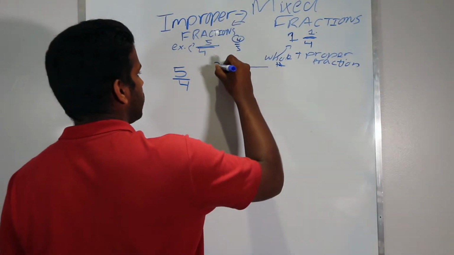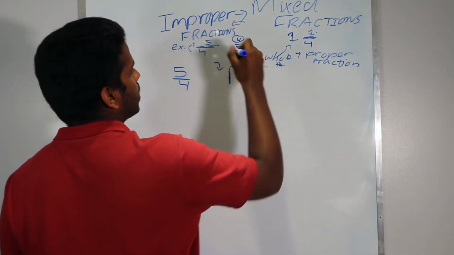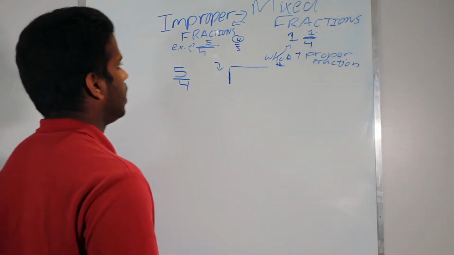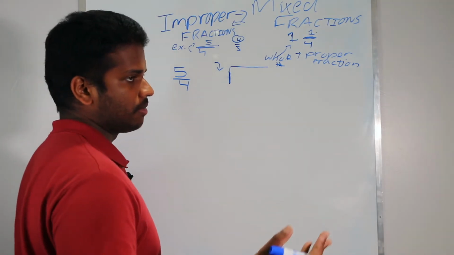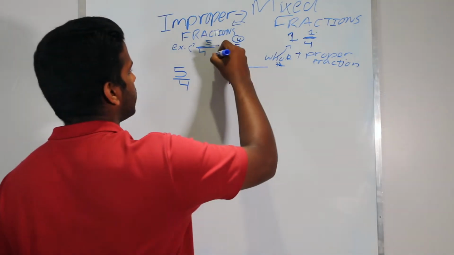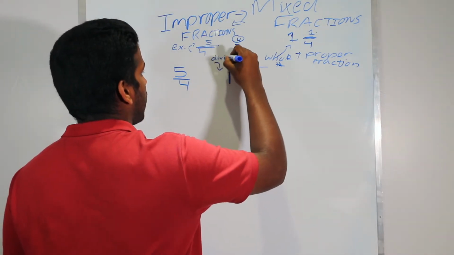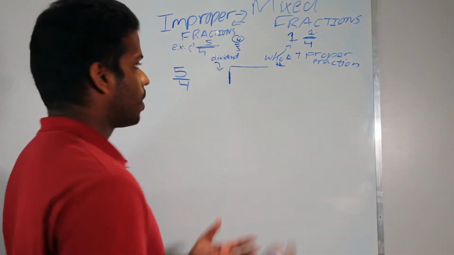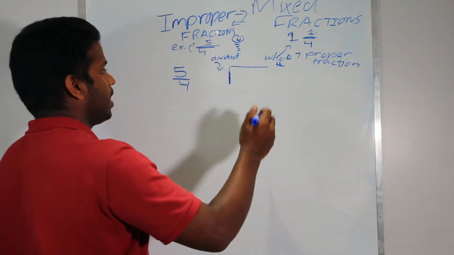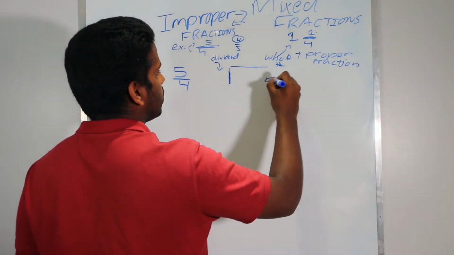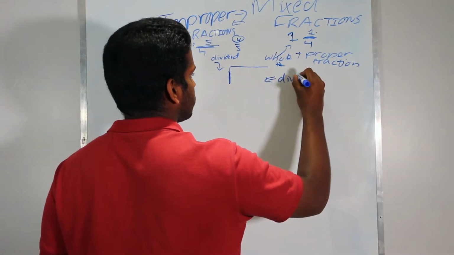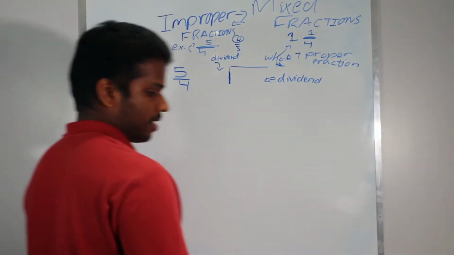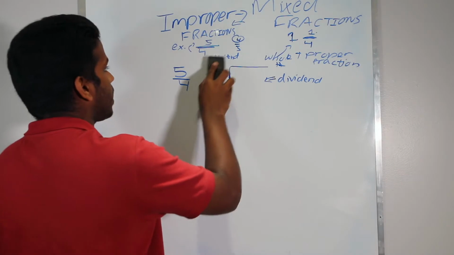What goes here? Here would be the quotient. The quotient is the result of a division problem. And here would be the dividend, the number that you're trying to divide.